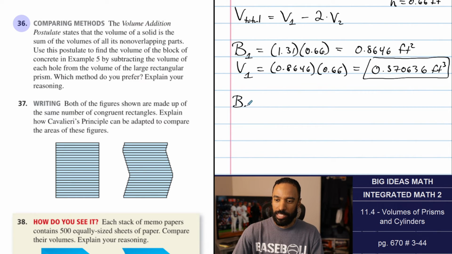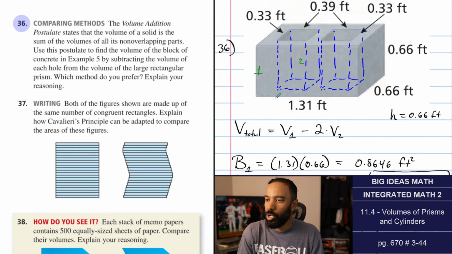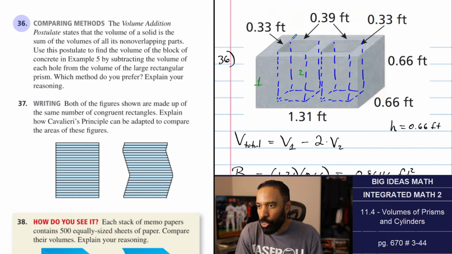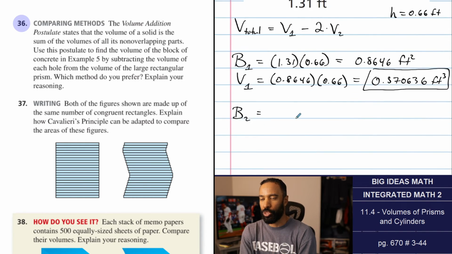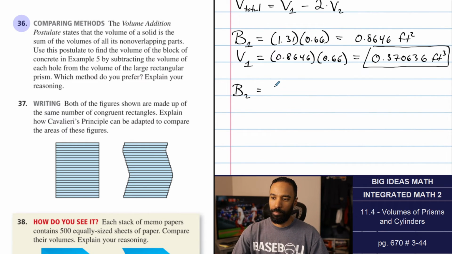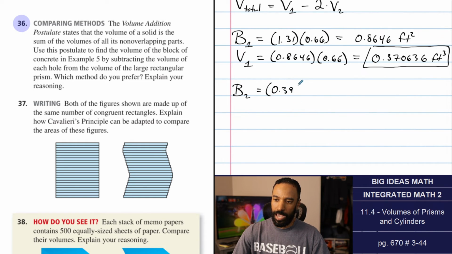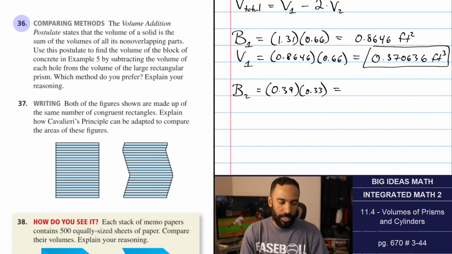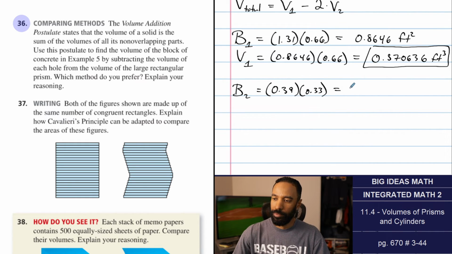The second object has an area of base, which is 0.39 times 0.33, which is exactly, this is all exact, 0.1287 square feet.